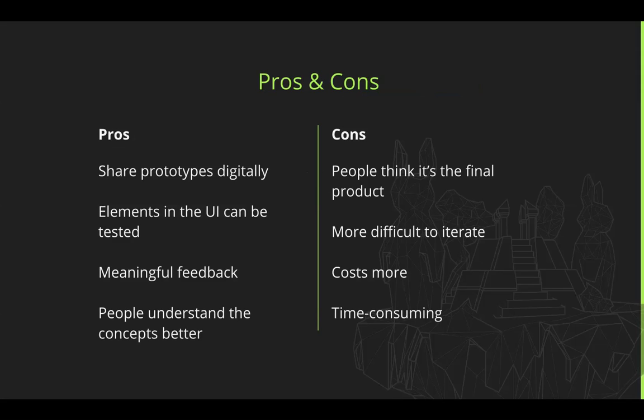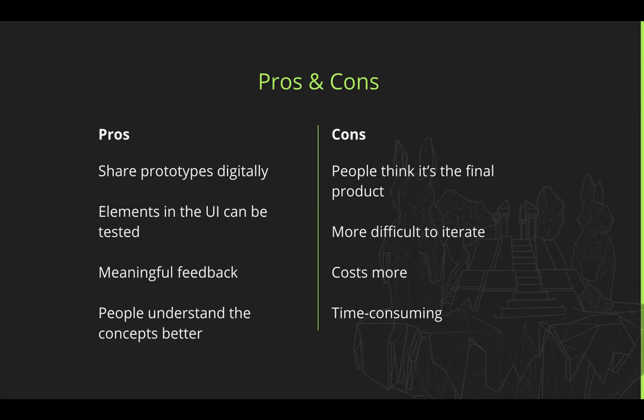The pros: you can share these prototypes digitally, which is easily distributed amongst everyone, especially if you're not sitting in the same room. Elements in the UI can already be tested, so you can test if a button looks like a button, and if people understand the UI elements as you intended.